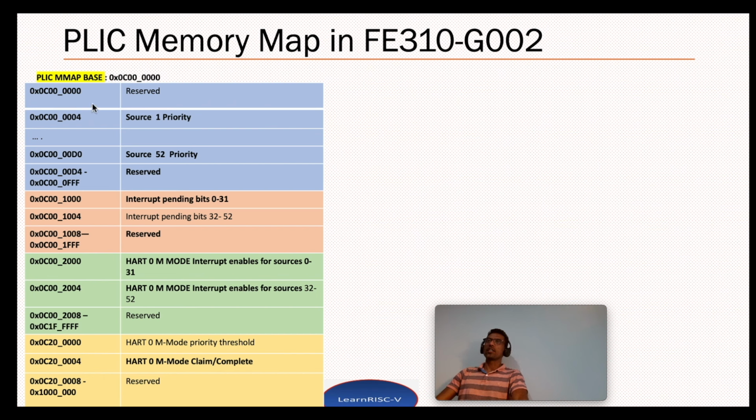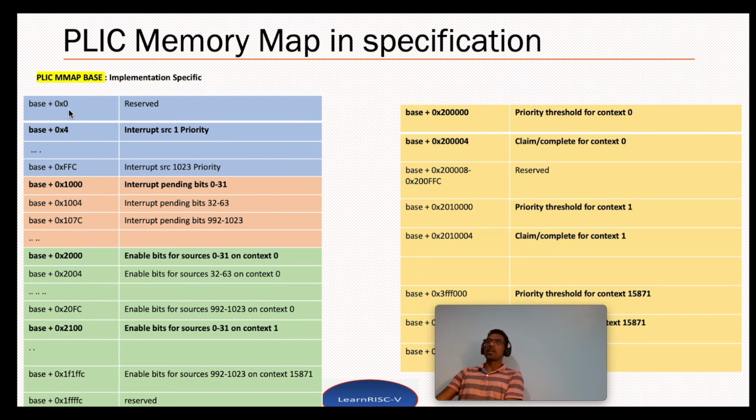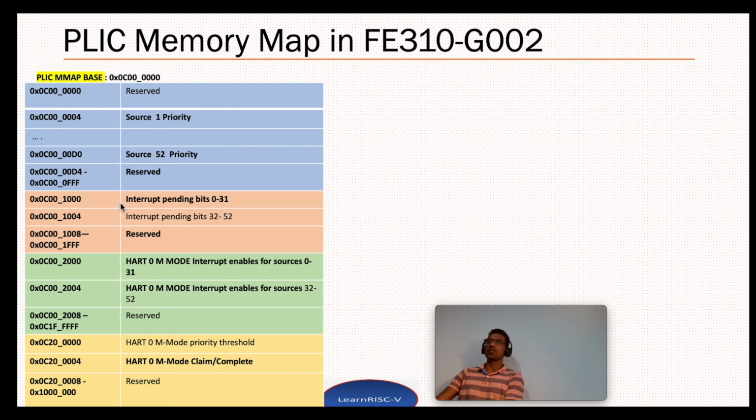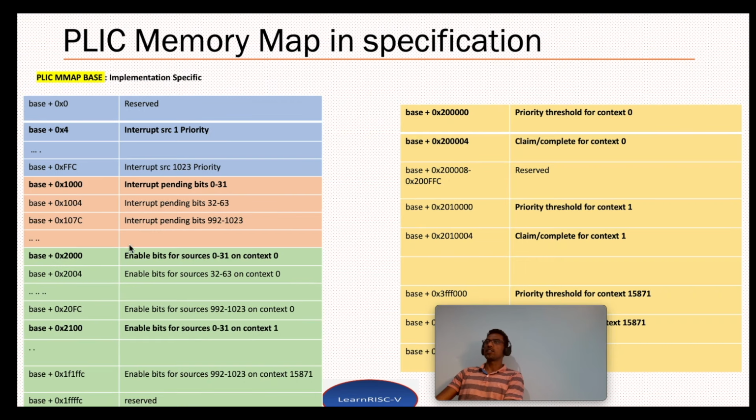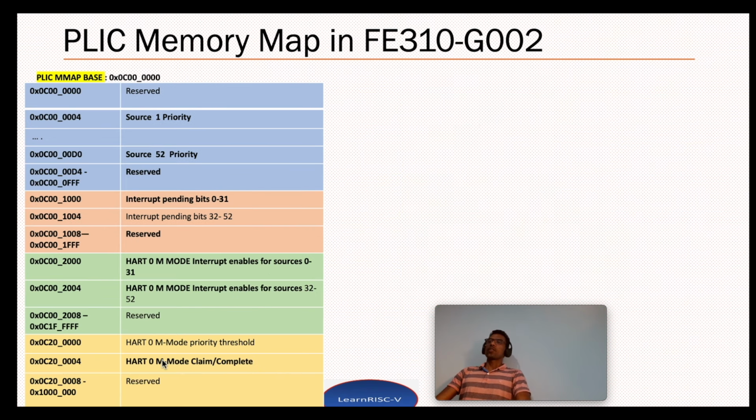So if you see here, this offset should match, for example, the source offset would be from the base plus 0, and then base plus 0x1000 should be the pending. And this is for the priority and threshold. So since there is only one context in FE310, this is how it is, and as I said before, you see there's a reserved block here, which would result in a very inefficient way of using the memory.